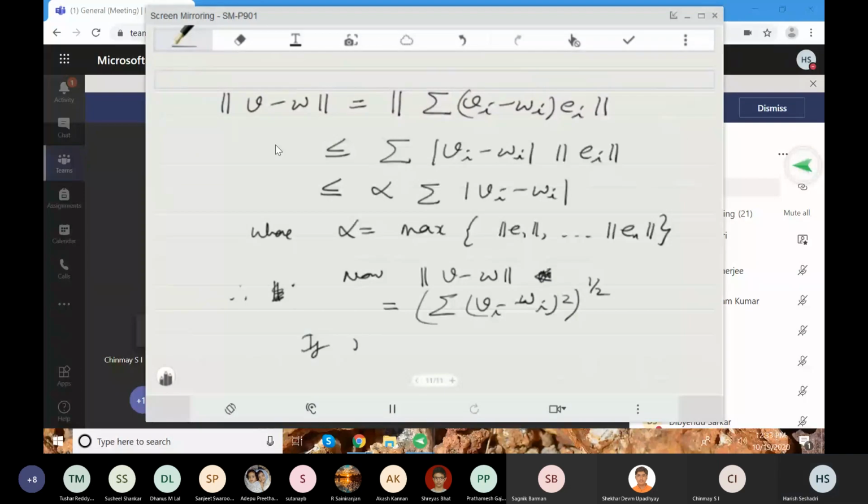If this is less than delta, then you square both sides and you will get that each term will be less than delta, right?